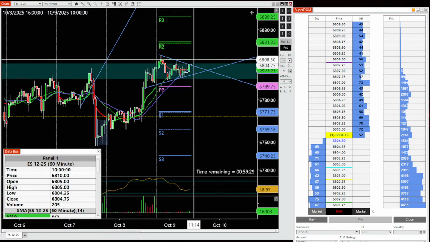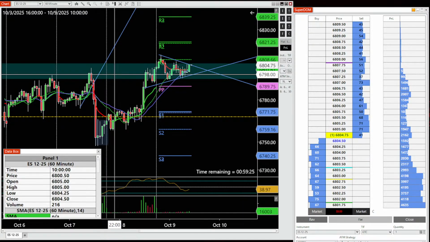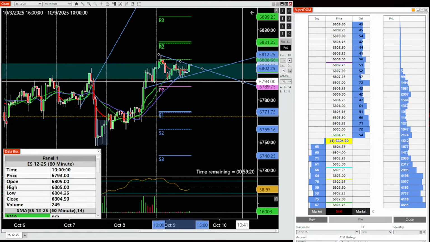Still in this range. Still in this shaded area here. Still in that range.